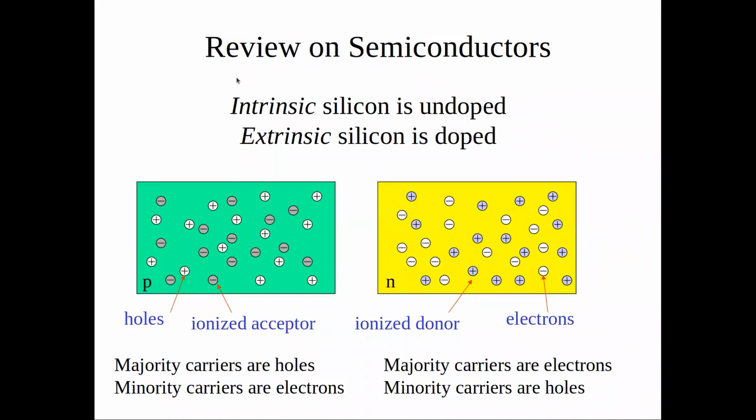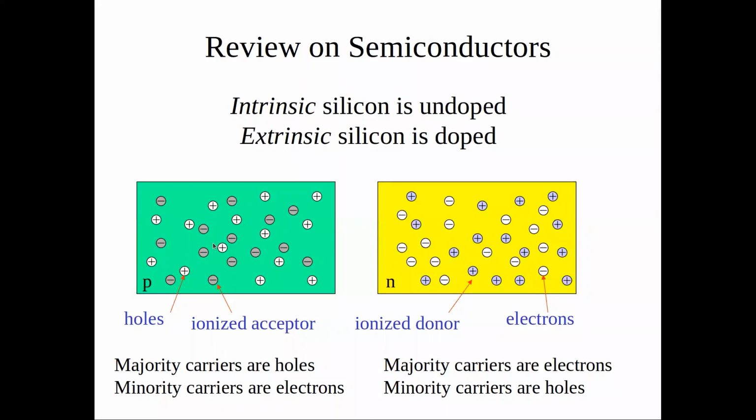When you have extra donors, it means that you have ions that have extra electrons that are free to flow in this crystal. And when you have extra acceptors, you have basically fixed negative charges and a lack of electrons, so you have these plus charges that can move around freely in the semiconductor.